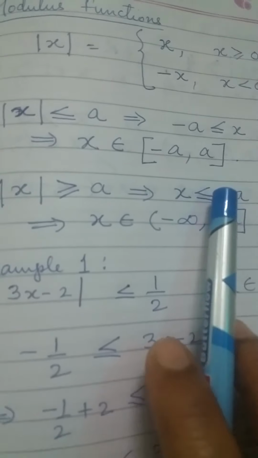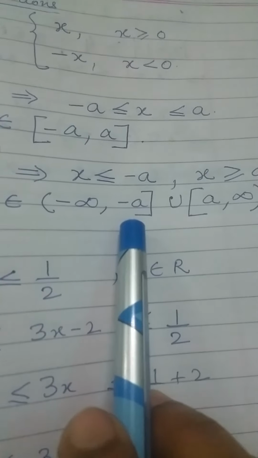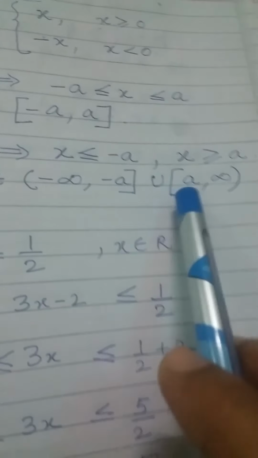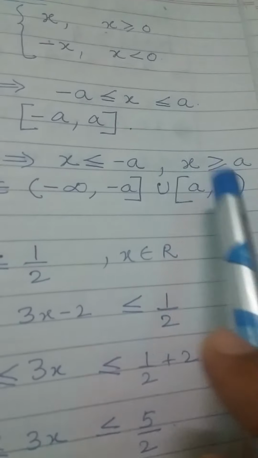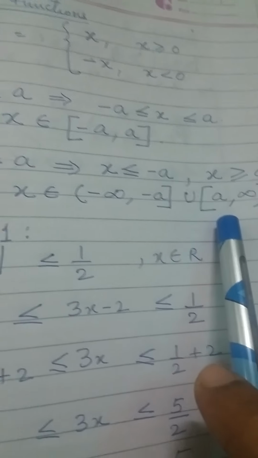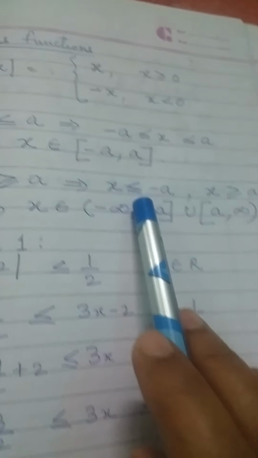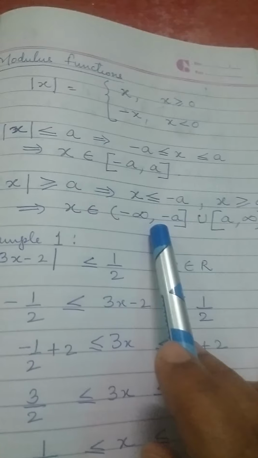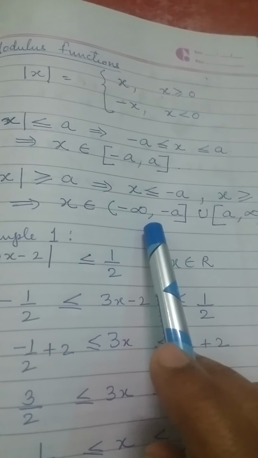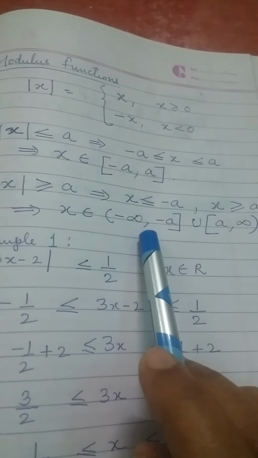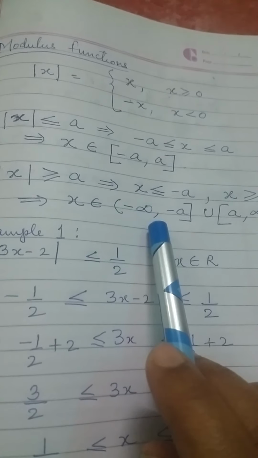The solution set will be the two cases combined, that is x belongs to minus infinity comma minus a closed, union a comma infinity closed. These are the two results that you have to keep in mind when solving any linear inequalities problem based on the modulus function.